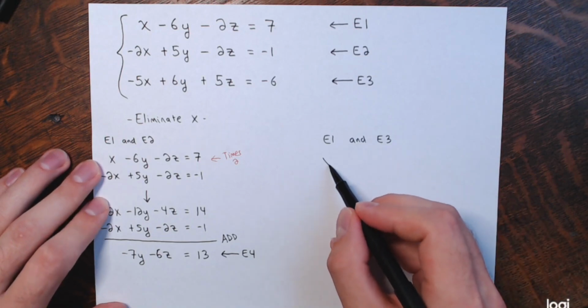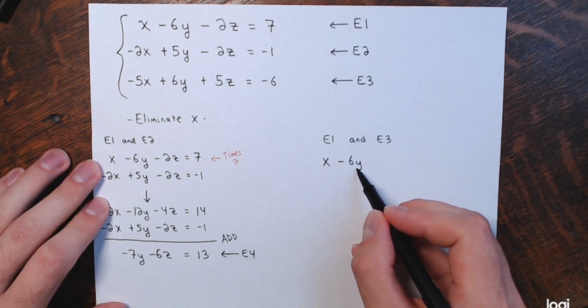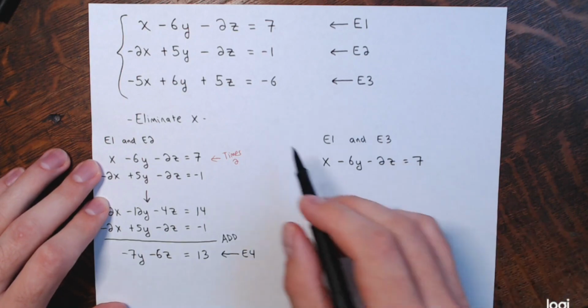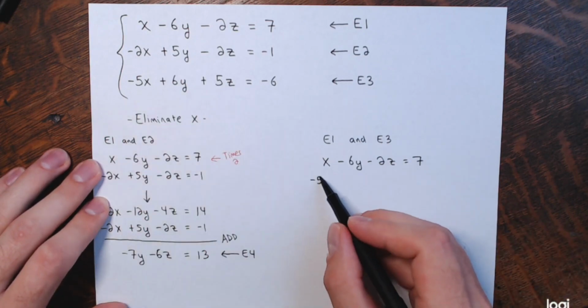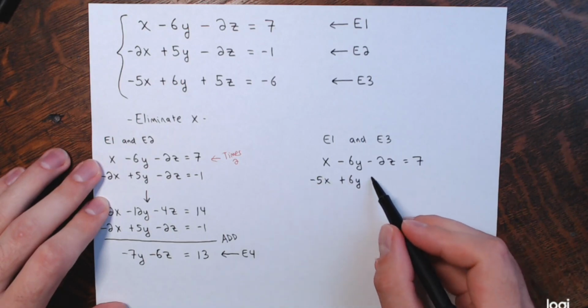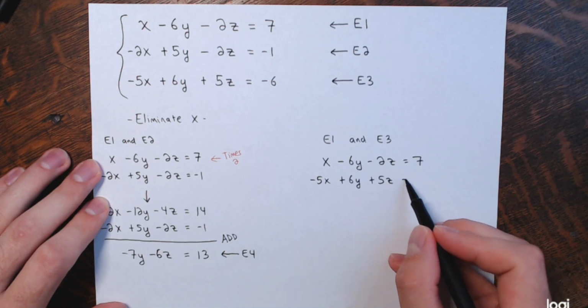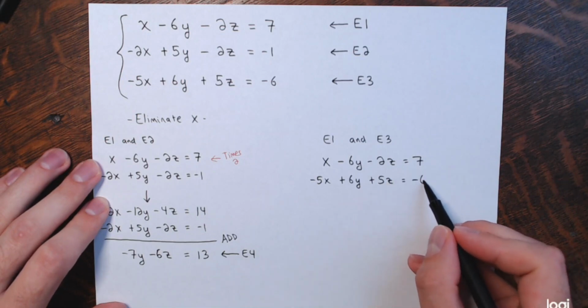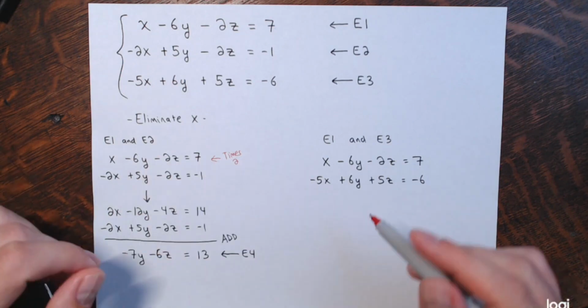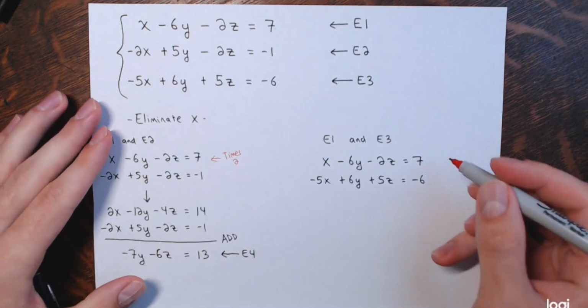So equation 1, x minus 6y minus 2z equals 7. Equation 3 is negative 5x plus 6y plus 5z equals negative 6. And then again, I'm eliminating x, so I get another equation with y and z.